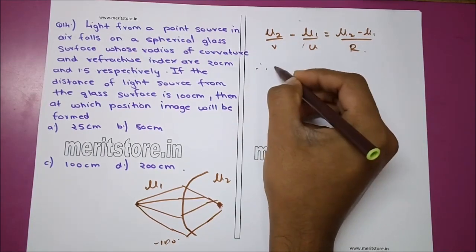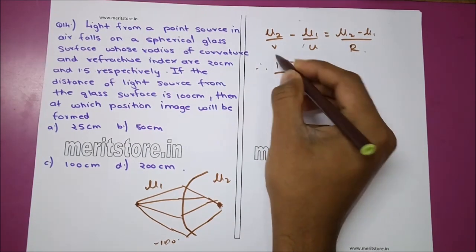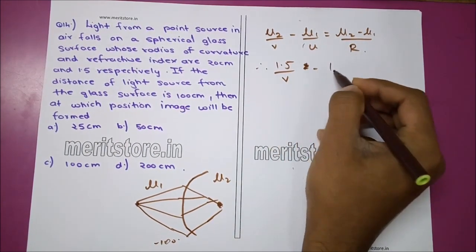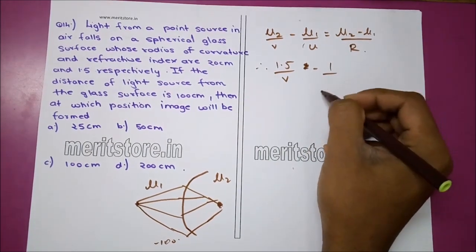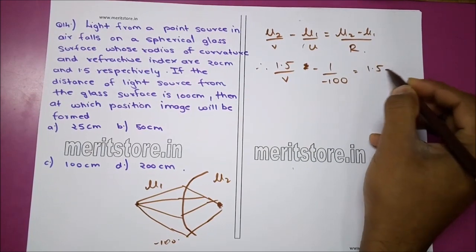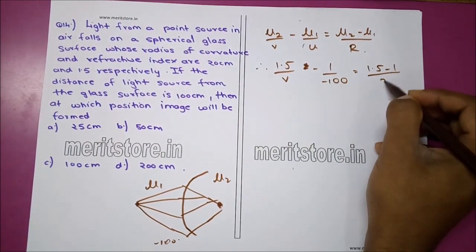So therefore mu2 is given as 1.5. So 1.5 upon v minus mu1, that is air, upon u which is minus 100, is equal to mu2, 1.5, minus 1 upon the radius of curvature, which is 20 centimeters.